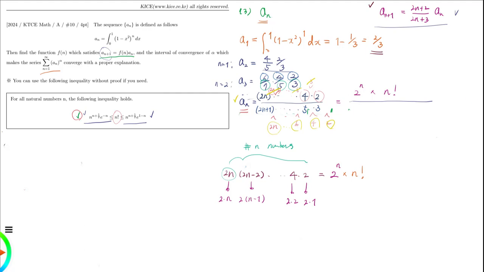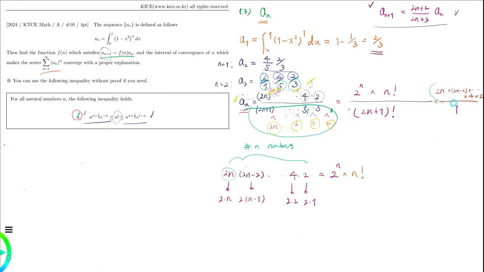But for the denominator part, we multiply both sides by the even numbers from 2n minus 2 till 4 times 2 here. And this denominator part will be 2n plus 1 and its factorial, okay, here.